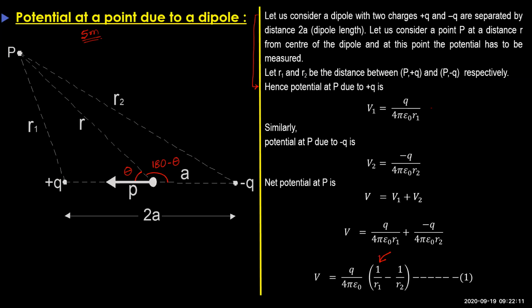We took one equation, then electrostatic potential at P due to minus Q charge, we took another equation, then the net electrostatic potential is taken and we get the simplified equation, that is equation 1, isn't it?